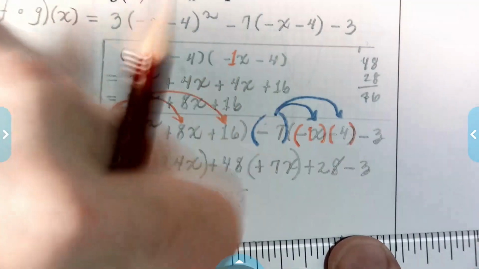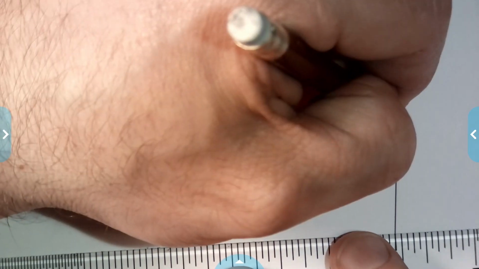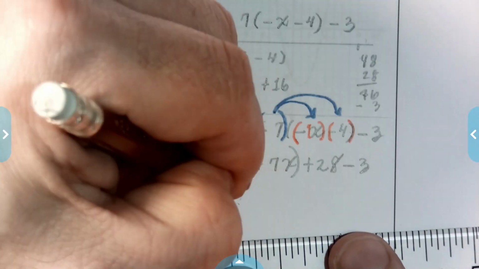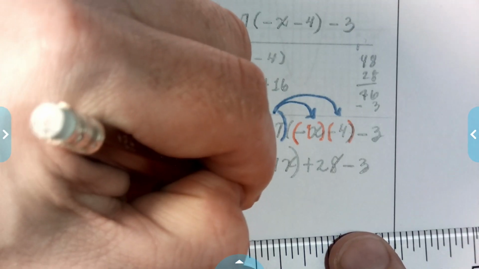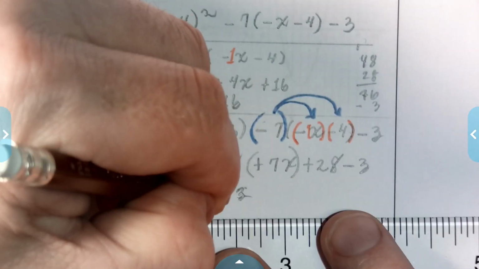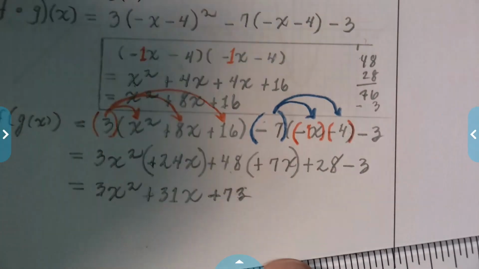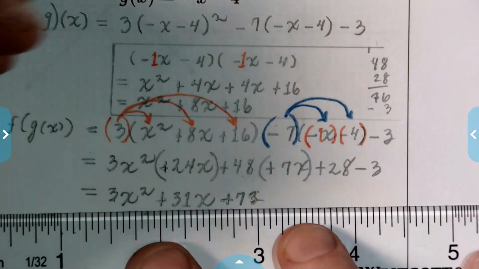See, that's why we check. 76, and then 76 minus 3 would be 73. Okay, plus 73. All right, that's why we always double check mental math. Okay, so that's the composed function.